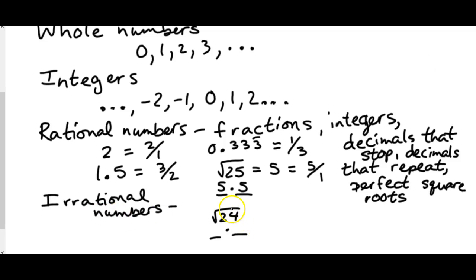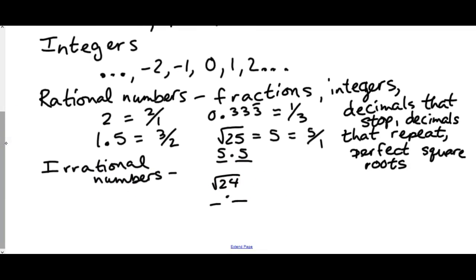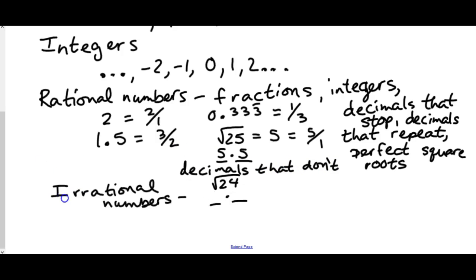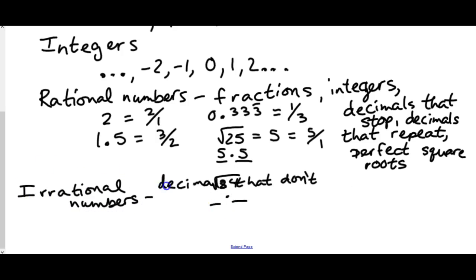So irrational numbers are decimals that don't repeat. If we were to plug square root of 24 into a calculator, sorry, this got a little smashed together. I'm going to move it down a bit.